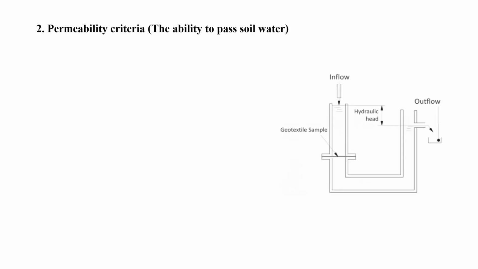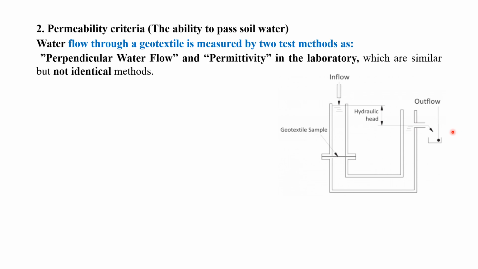So let us see the next things. The first criteria was the retention criteria. Then the second criteria is the permeability criteria, the ability to pass soil water. That means the geotextile should have the ability to pass the soil water. In the permeability criteria, normally two parameters are measured.